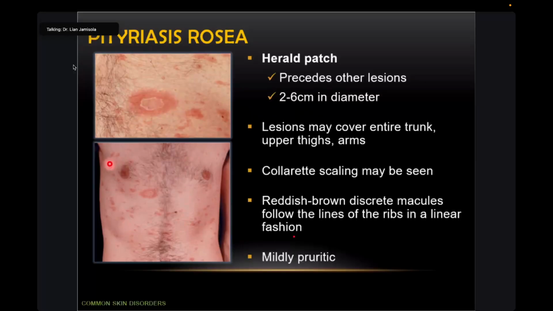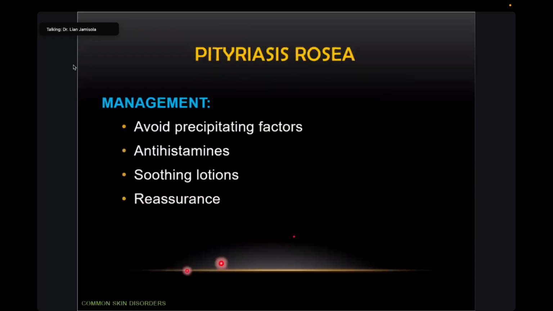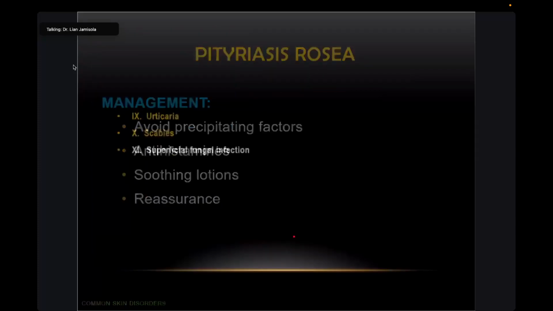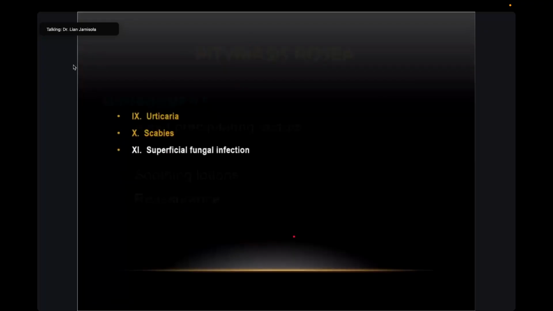And then the lesions, once they multiply, are reddish-brown, discrete macules that follow the lines of ribs in a linear fashion, the lines of cleavage of the skin. That's why sometimes it's called the Christmas tree pattern. Do I have a picture of the back? Oh, no. Sorry.